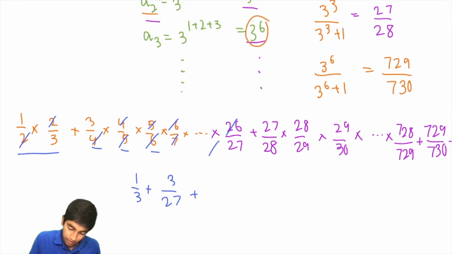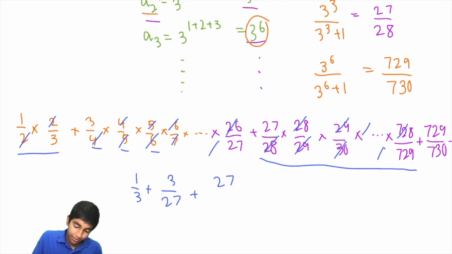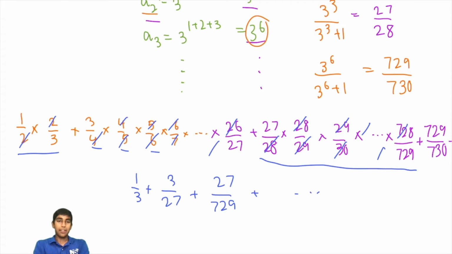Now, what's next? We've got this term over here before we have another plus. 28 cancels, 29 cancels, 30 cancels, all the way till 728 cancels. We're left with 27 over 729. And we keep going. What is this? Always simplify your fractions.